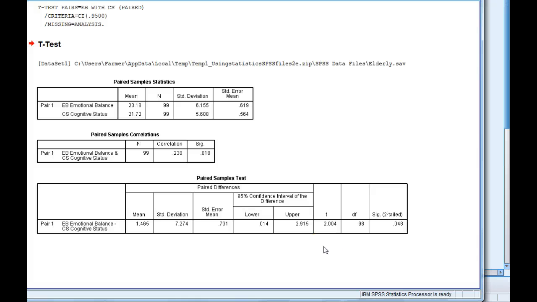The lower and upper confidence interval for that mean difference. Again, what we'd be interested in is whether that confidence interval includes 0. If it were to include 0, then we would fail to reject the null hypothesis that there's no difference. In this case, the confidence interval doesn't include 0. Gets close, but it doesn't include 0.